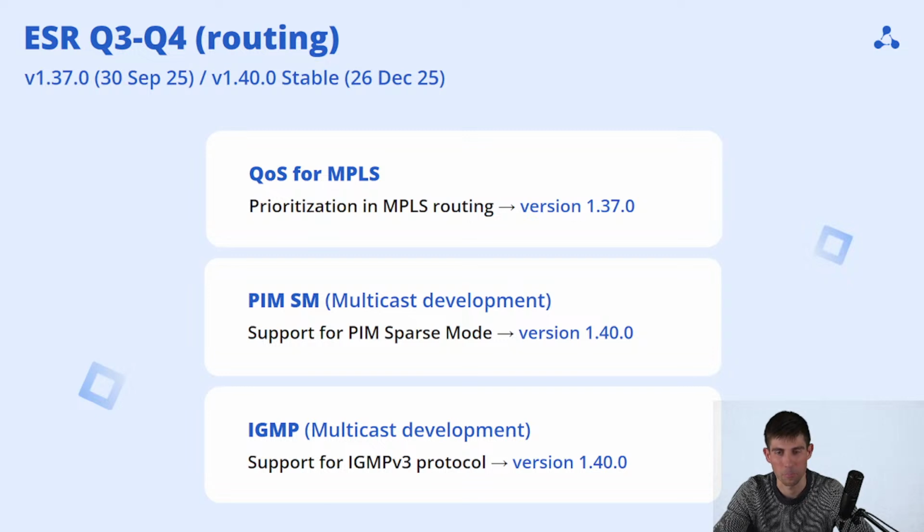So it is improving the performance of multicast. And another multicast improvement is IGMP. It's a mechanism that allows hosts to subscribe to multicast streams and allows to avoid waste of bandwidth when you are transferring data only to those hosts that subscribed for multicast. These will be available at the end of the year in version 1.40.